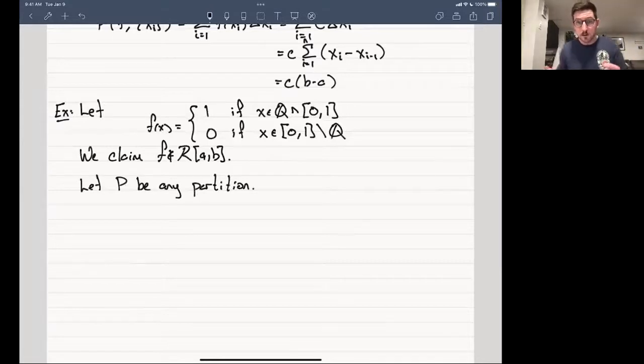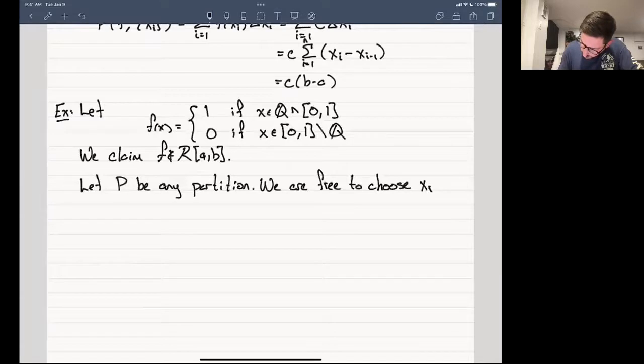Every subinterval contains a rational number due to the density of the rational numbers, and it also contains an irrational number. So we are free to choose, say, x_i bar in Q for all i equal to 1 to n.